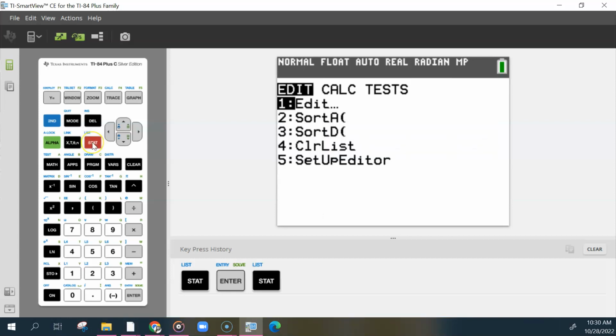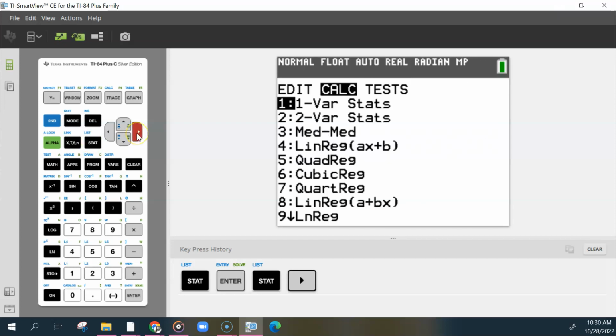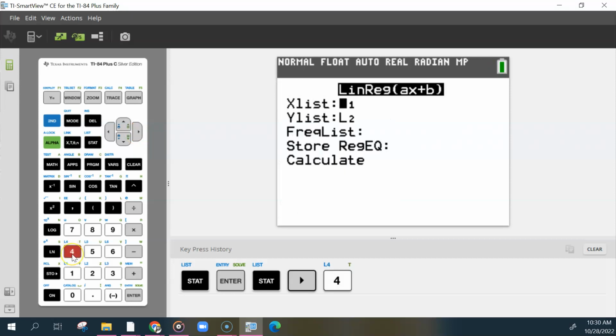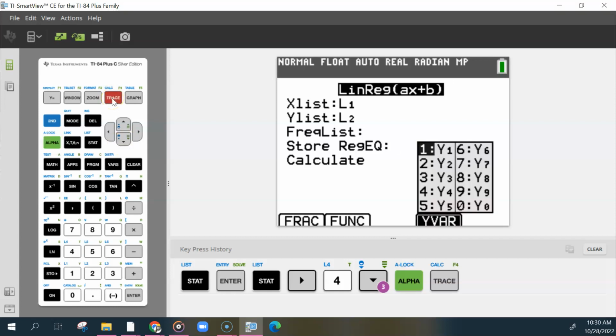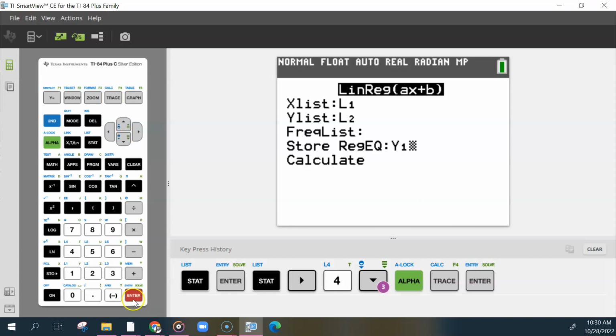Go into stat, scroll to the right for calculate, number 4 for linear regression, scroll down to store regression equation, hit alpha trace, and then enter until your screen changes.